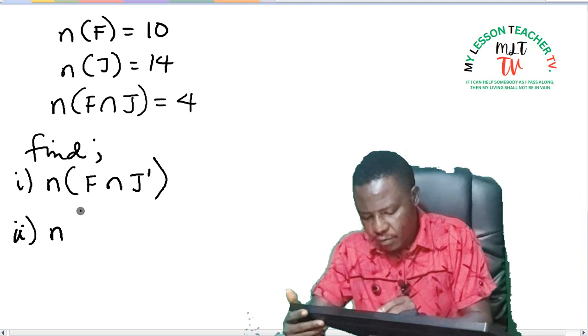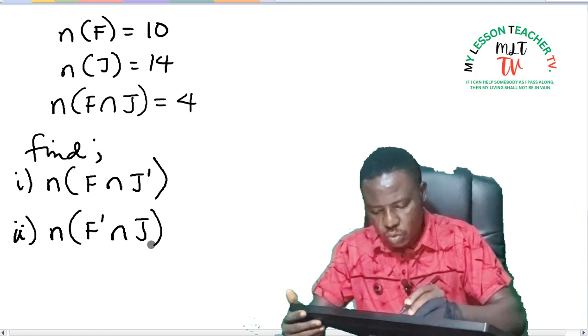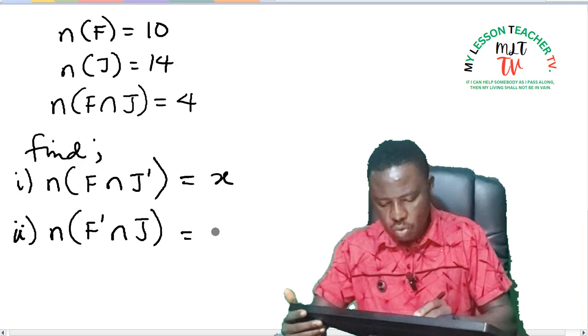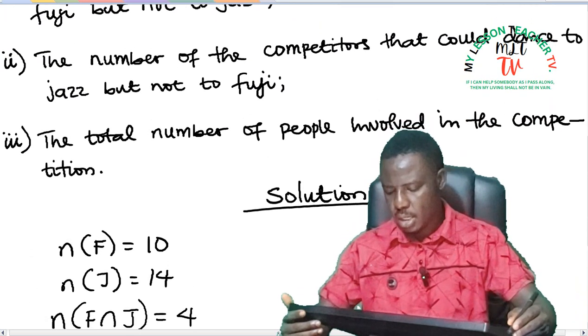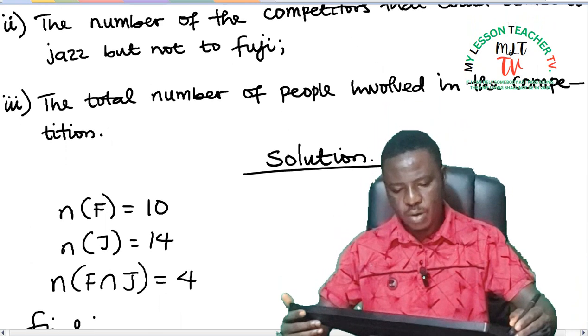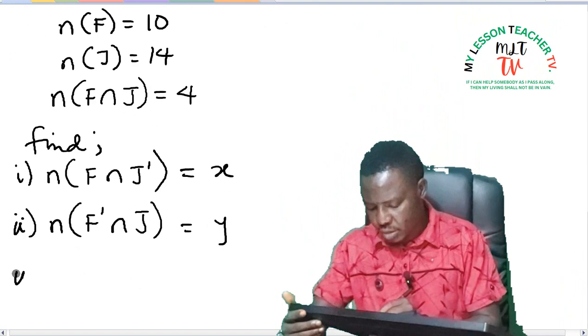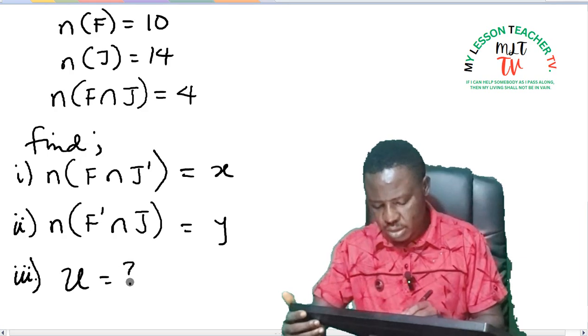This is said to be n of Fuji prime intersection jazz. So let us call this x and call this y. And 3, we should find the total number of people involved in the competition, which is a universal set. So we have to find U, the universal set.